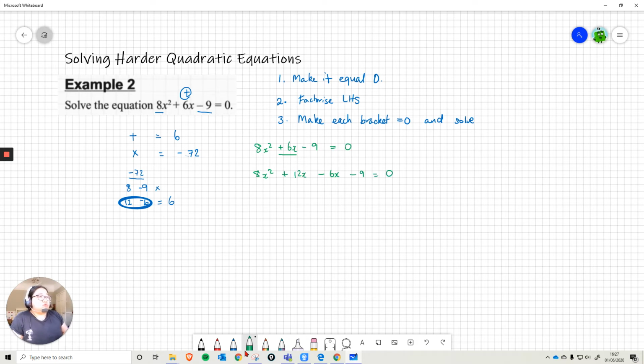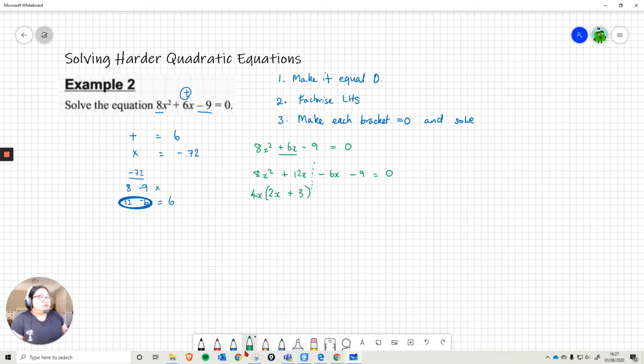And then just like Mr. Dorn had done in his previous video, we're going to split this in half, and I'm going to factorize these 2 terms first. So I know 4 goes into both terms, but I also know they have an x in common. So 4x is what I can factorize out of these 2 terms. And that will leave me with 2x inside. 4x times 2x gives me the 8x, and then 4x times 3 will give me the 12x.